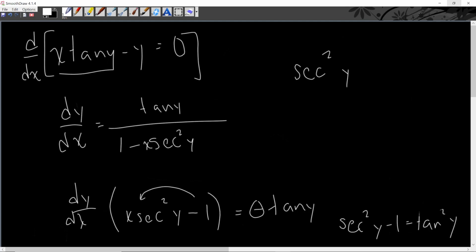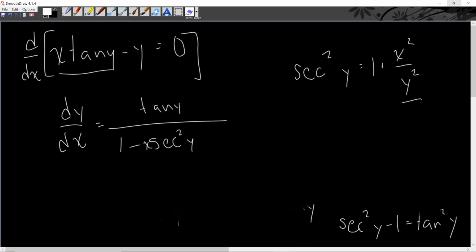We already said that tangent squared plus 1 equals secant squared, so this will be 1 plus y squared over x squared, if this is tangent squared. Alright, and then from here, we simply need to plug this back into our dy dx. Normally I wouldn't bother to do any of this, but the answers that are given do not have secant in them, so you have to do some manipulation.